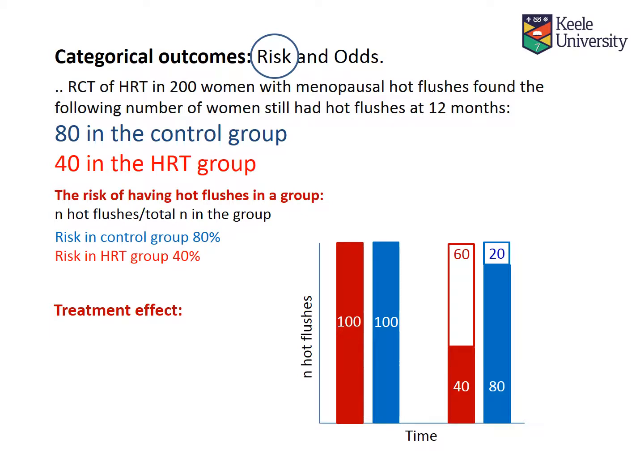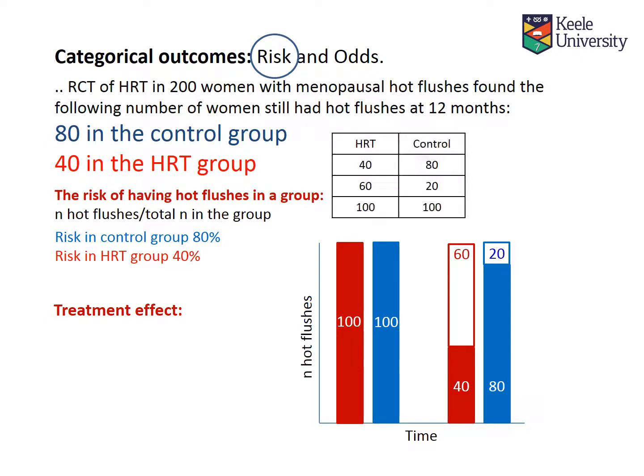After all, we want to know what is the size of the effect of HRT. We can tell that you have more risk if you are in the control group than in the HRT group. We want to know how much more, what is the size of the difference. And using the risk, this is how we calculate the treatment effect.